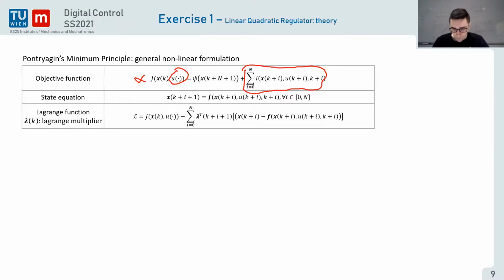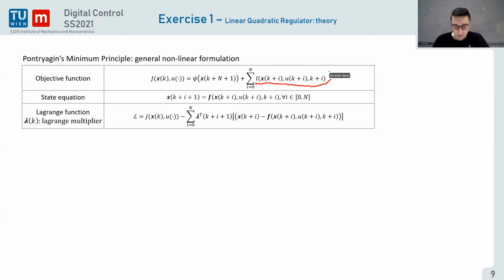Here we're in discrete time, so it's just a summation; in continuous time it would be an integral. In this cost function, there's one term called L. This term says that for any states and any inputs at each sample time, I get a cost.